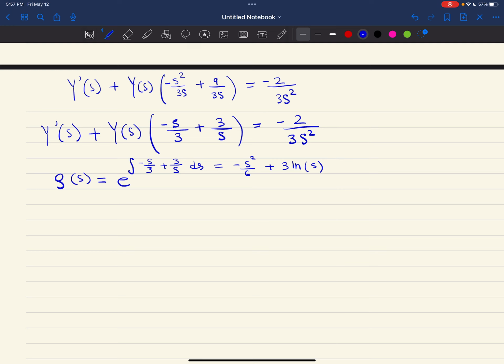All right, so let's see. So rho of s is just going to be e to the power of negative s squared divided by 6 times, let me double check this part.